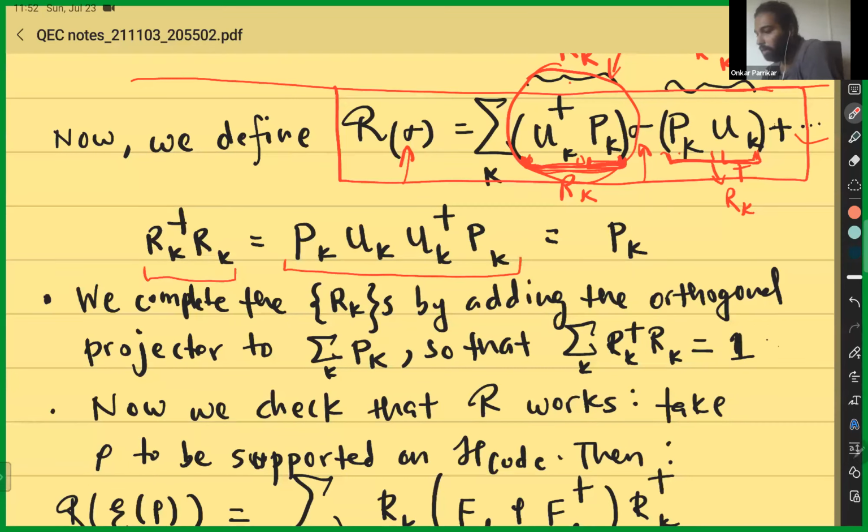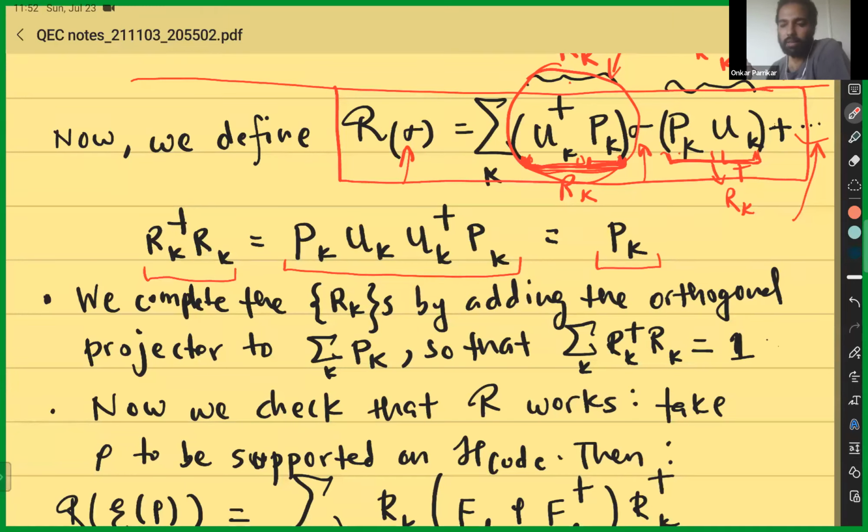So in particular, if you do the sum over K of RK dagger RK, you're going to get the sum over PKs. And that may not span the entire physical Hilbert space. Sum over K PK is some projector. So if you want R to be an honest recovery channel which preserves trace, then you have to add to this formula the orthogonal complement of that projector.